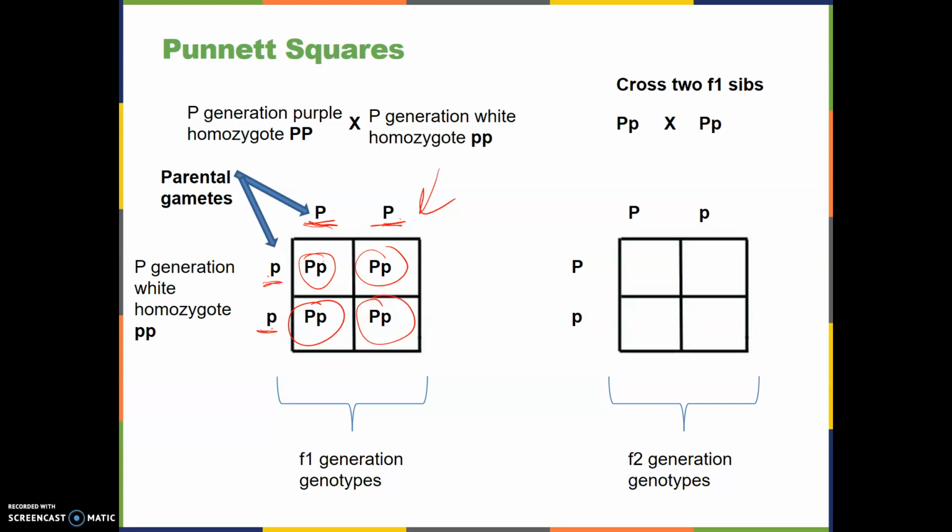But Punnett squares are really helpful in a situation where it's not so easy to see in your head what the combinations or the possibilities of the alleles from the parents are going to be.